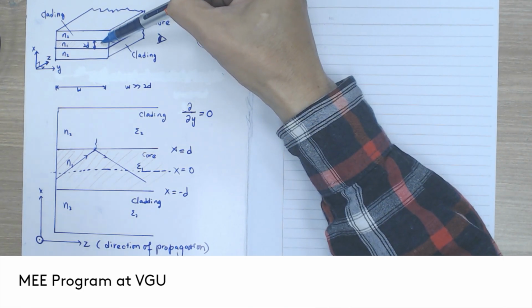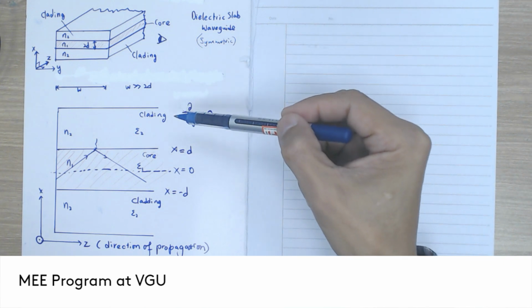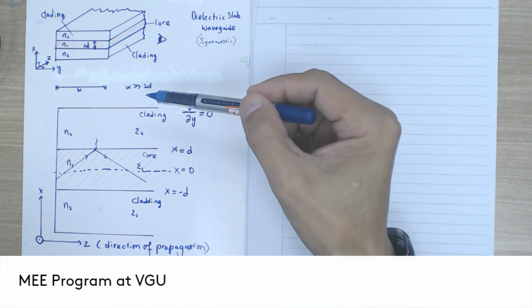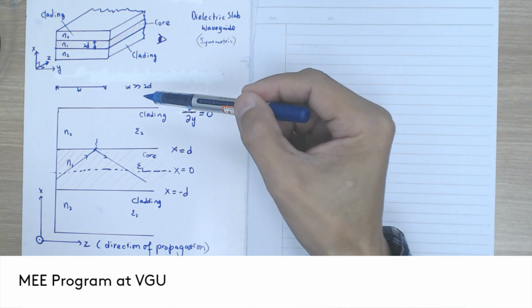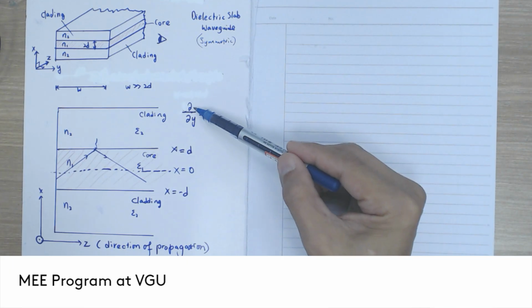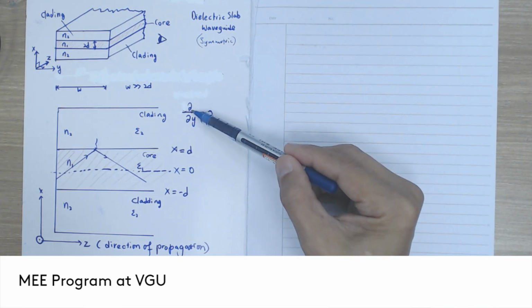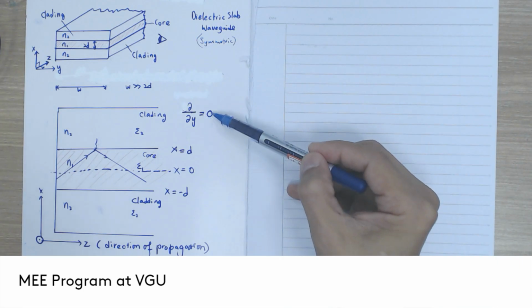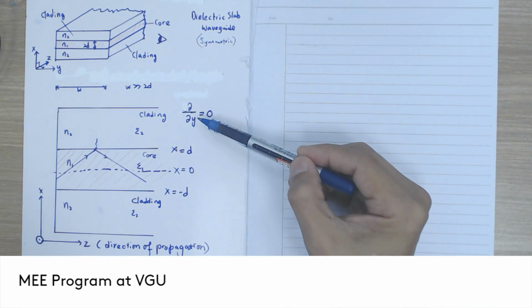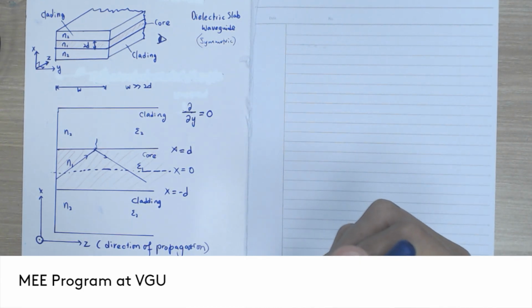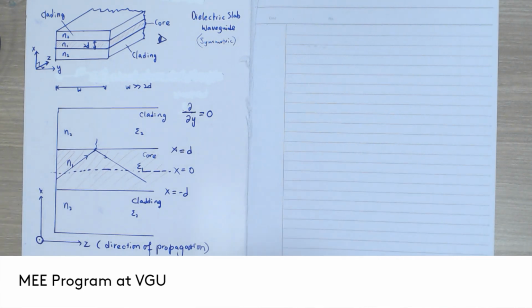This is the so-called no variation of field distribution along the y-axis. So in this case, partial derivative with respect to y will be assumed to be 0. This is a key assumption that makes the derivation smooth and successful.